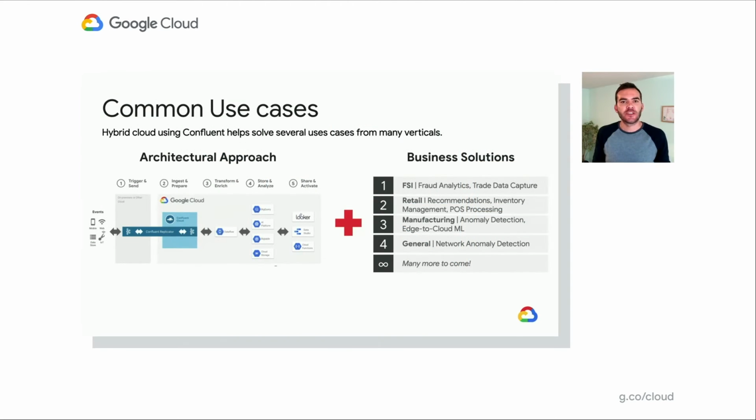Let's talk about a couple use cases here. To start, I just wanted to talk about the fact that this is a super simple horizontal use case that can be used practically for anything, right? As Sarthik mentioned earlier, any use case where you need real-time data that doesn't live on GCP, this is pretty well suited for.